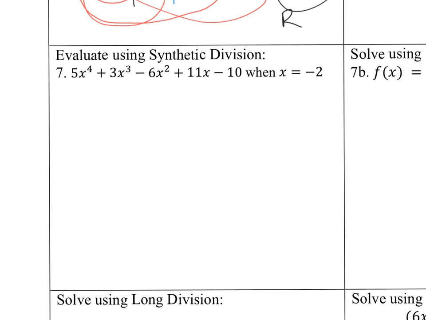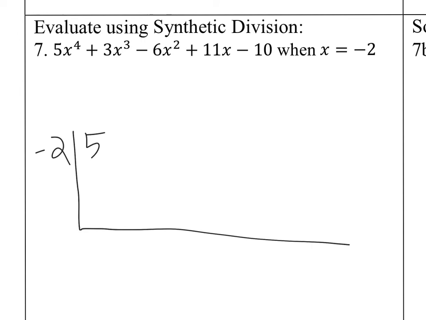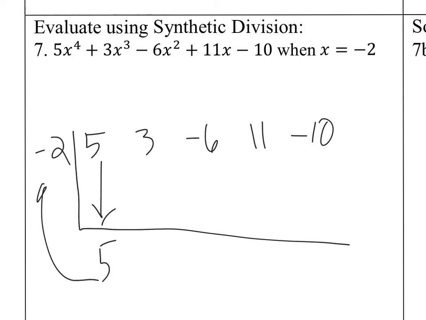Number 7 is evaluate using synthetic division. So you don't flip the sign, you just put the negative 2 there, and then you carry down the coefficients, 5, 3, negative 6, 11. See, it didn't skip anything again. So I bring down the 5, and I say, what's 5 times negative 2?